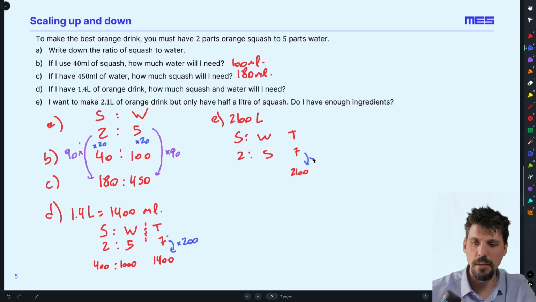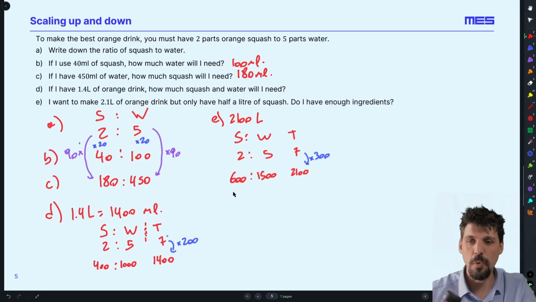So that would be times 300, giving me 600 mils of squash and 1,500 mils of water. Now, I've only got half a litre of squash. Do I have enough ingredients? Well, I would need 600 milliliters of squash, all right, which is more than half a litre. I do not.